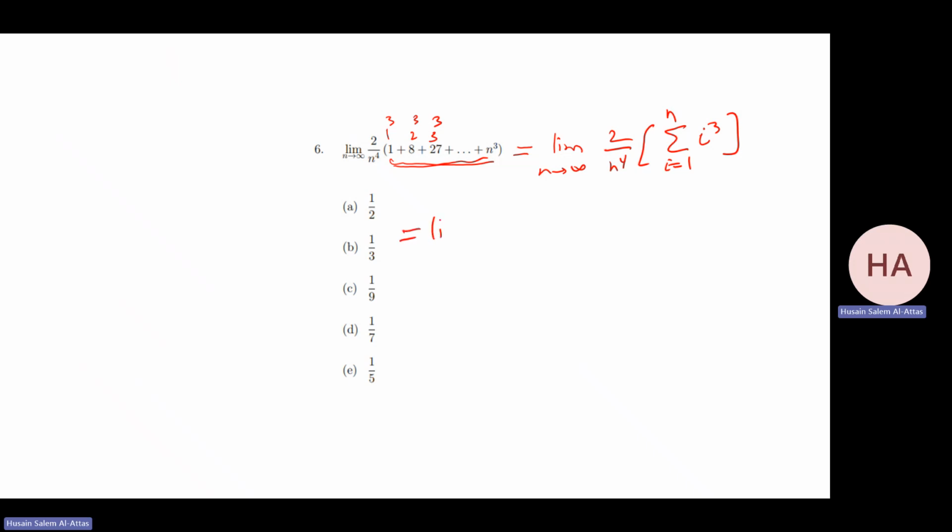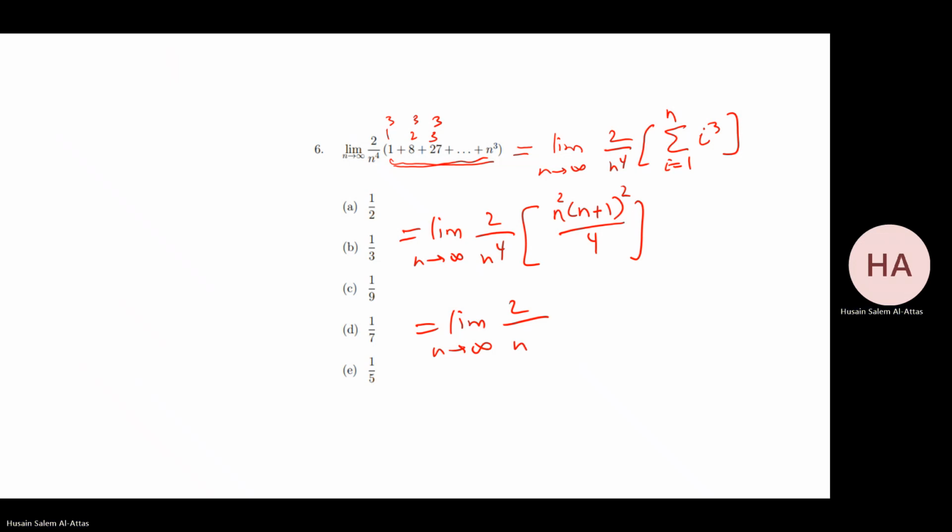So this will be the limit as n goes to infinity of 2 over n to the power 4 times, I know this formula, n plus 1 squared over 4. I can simplify it: 2 over n, and cancel this, that will be 2 to save time, so 1 over n to the power 4.